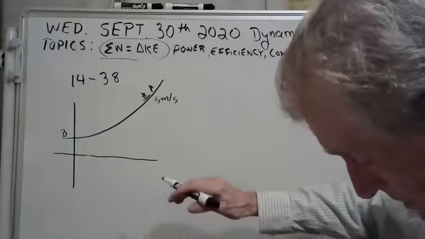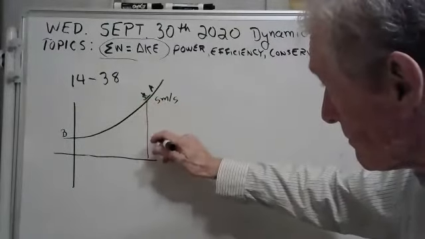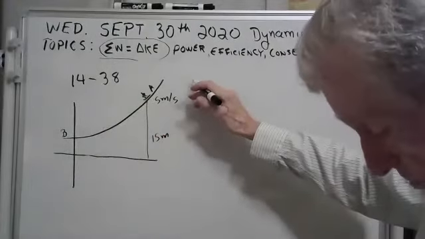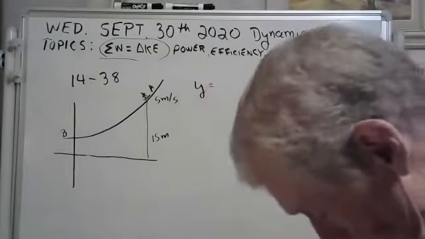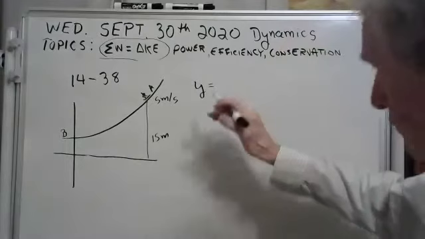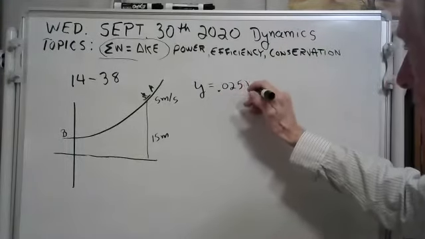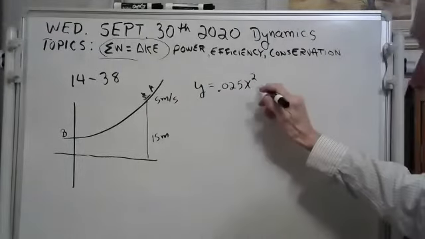Now, they said that he's at 15 meters right here. And the equation of this slope is 0.025 x squared plus 5.